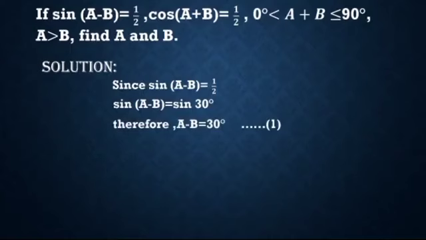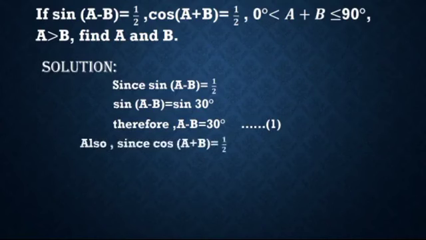Also, since cos(A plus B) equals 1 by 2, but in trigonometric cos values, cos 60 degrees is equal to 1 by 2. That's why cos(A plus B) is equal to cos 60 degrees.